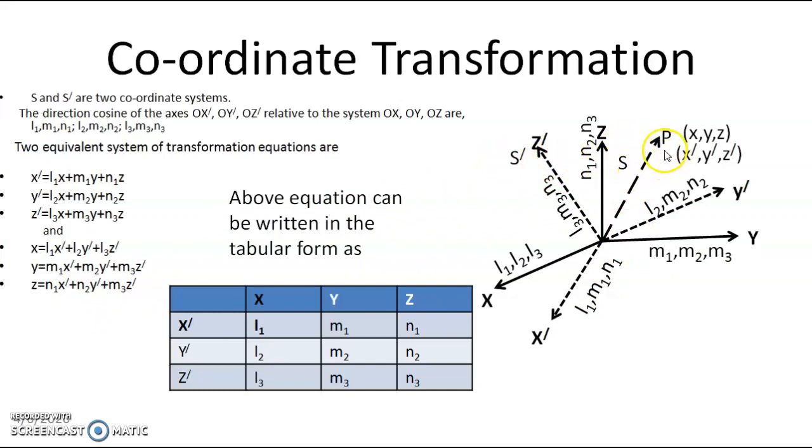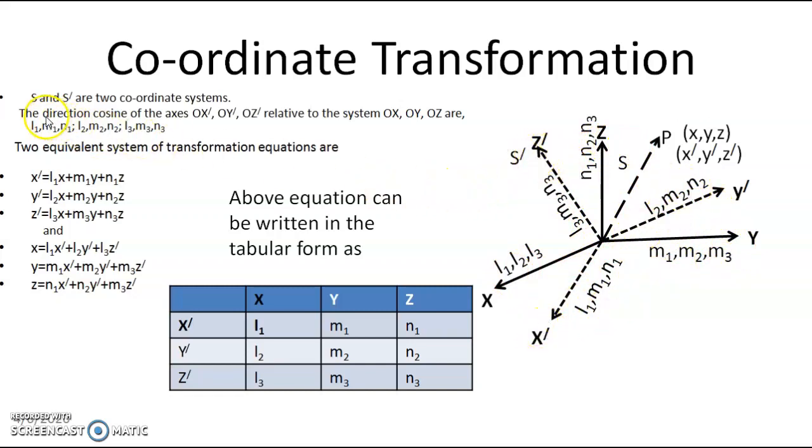And a particular point P has coordinates x, y, z with reference to the first coordinate system S, and x dash, y dash, z dash with reference to the second coordinate system S dash. Okay, so the full line gives the first coordinate system x, y, and z, and the dotted line gives the second coordinate system x dash, y dash, z dash.